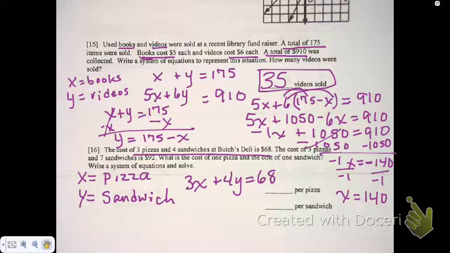Somebody came in and said, hey, I want 3 pepperoni pizzas and 4 ham and cheese sandwiches. $68? And it was $68. Okay? So we don't know how much they charged him for each pizza, but we know that we can represent that by X. We don't know how much they charged him for each sandwich, but we can represent that by Y. And we know when we add the 2 together, we have a total of $68.